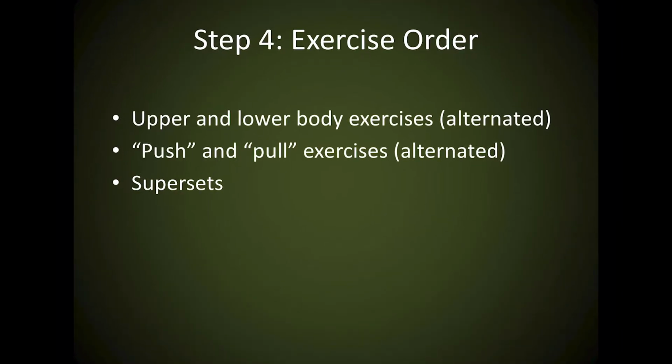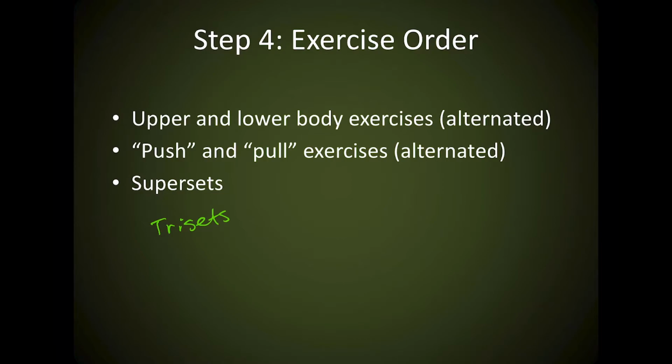There are also something known as trisets. I don't know if I've ever heard of quad sets, but I know trisets do exist because I've done them before. And a lot of bodybuilders will do these as well as the supersets, in that they'll have 3 different exercises that they'll basically do one exercise, do another exercise, do another exercise, at least do a set of each, and then go back and just keep rotating through till they get 3 or 4 sets done.